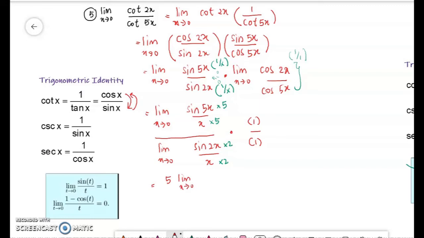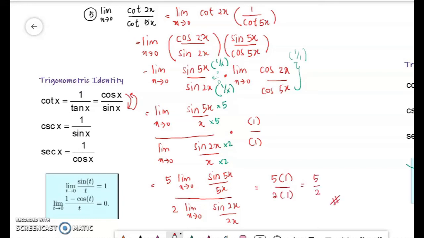So limit x approaches 0 of sine 5x over 5x, over 2, limit x approaches 0 of sine 2x over 2x. So it will be 5 times 1 over 2 times 1, equal to 5 over 2. So this is your final answer. Okay. So let's take a look at another example.